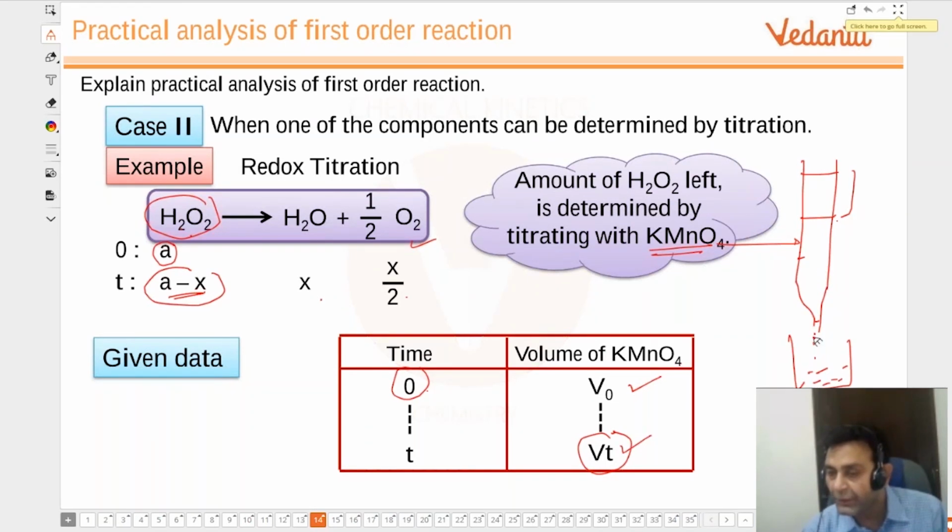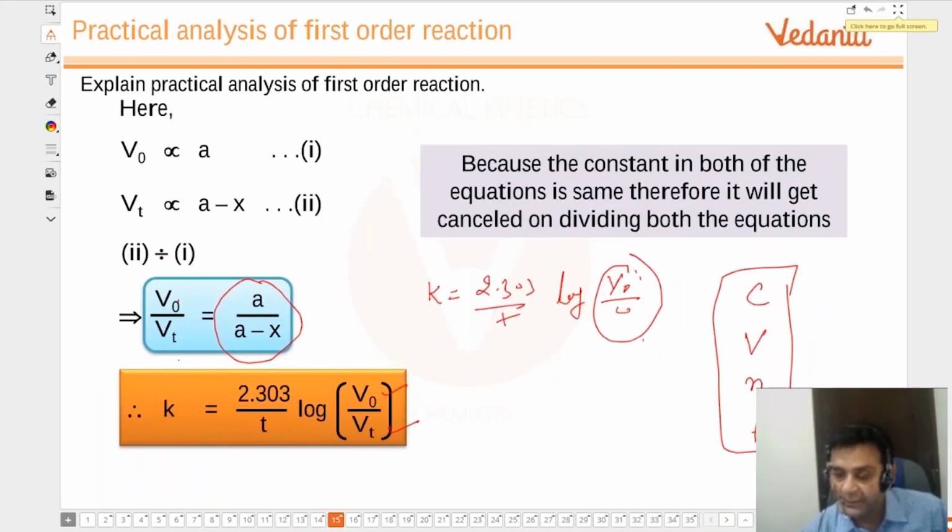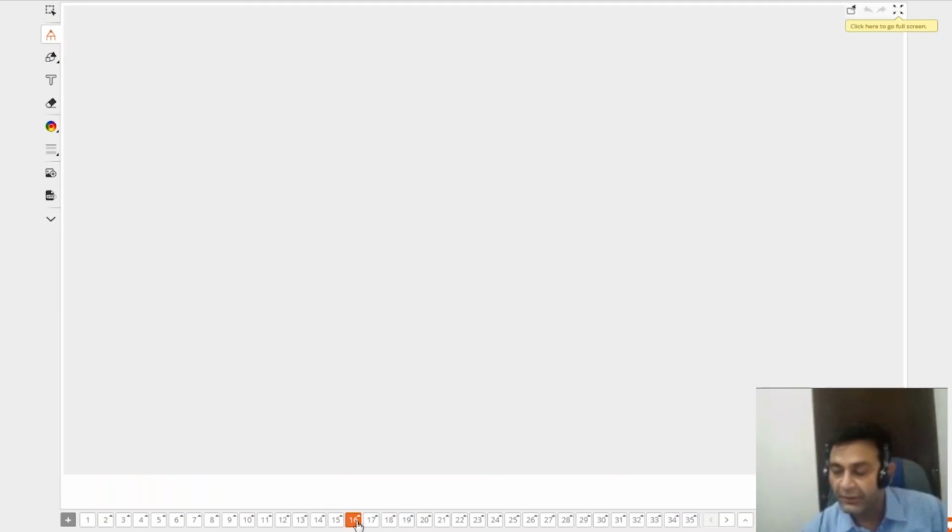We add drop by drop and find out the volume of the KMnO4 used to get the H2O2 concentration. Everybody is clear? Yes, friends. Are you clear? Yeah, very simple one. It's not difficult.